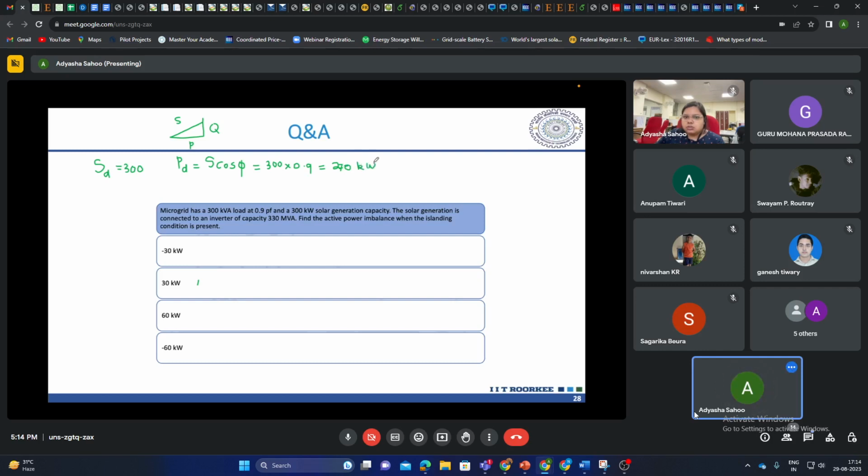kilowatt, and then we had Pg as 300 kilowatt. So from here we can calculate delta P equals Pd minus Pg, which is minus 30 kilowatt.